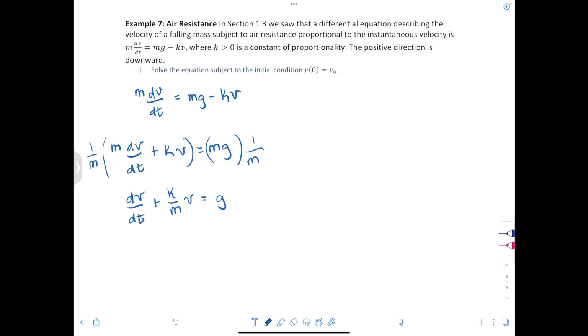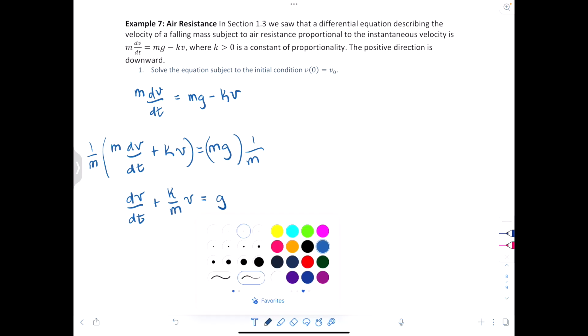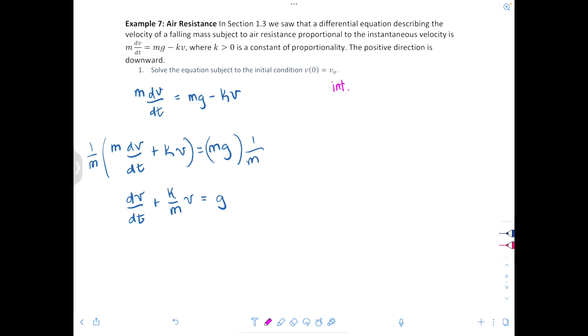Good so far? All right, so we need to find our integrating factor. Once you have this in the right format, the integrating factor uses the coefficient of the v term. So we have e to the integral of k/m, which I got from right here, with respect to t. And that is just equal to e^((k/m)t).